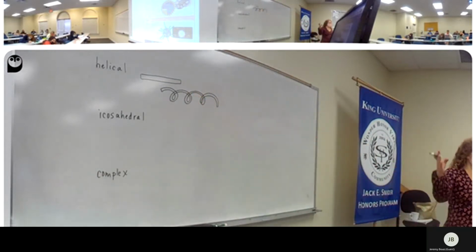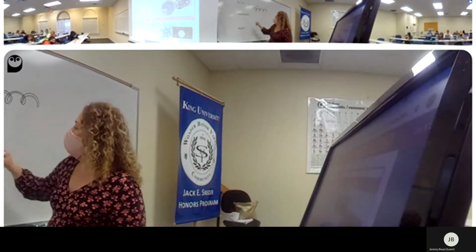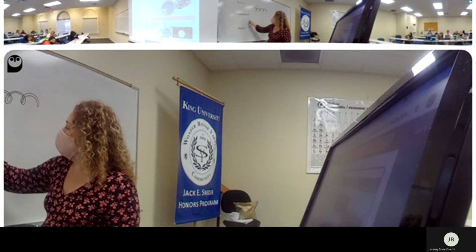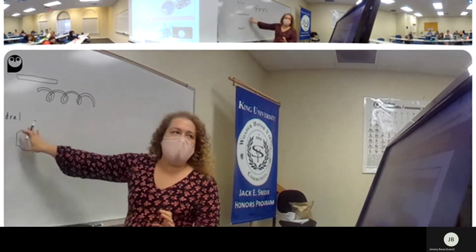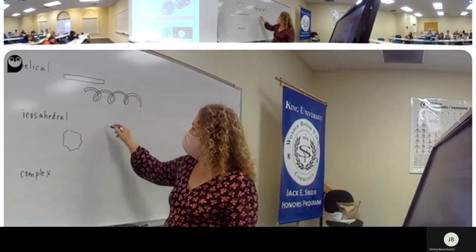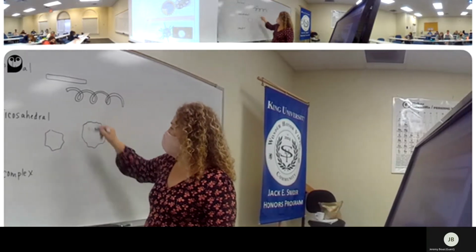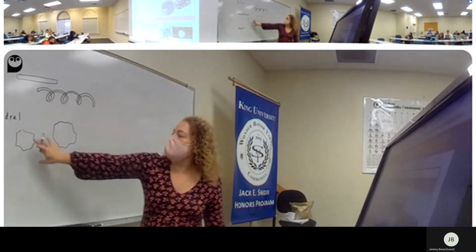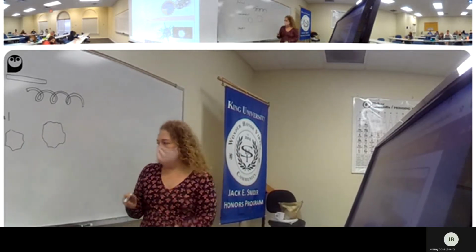Both of those could be considered a helical virus. If a virus is icosahedral, it will kind of have a geometric looking shape. I'm not very good at drawing those quickly, but if it looks like kind of a blob, that's icosahedral.